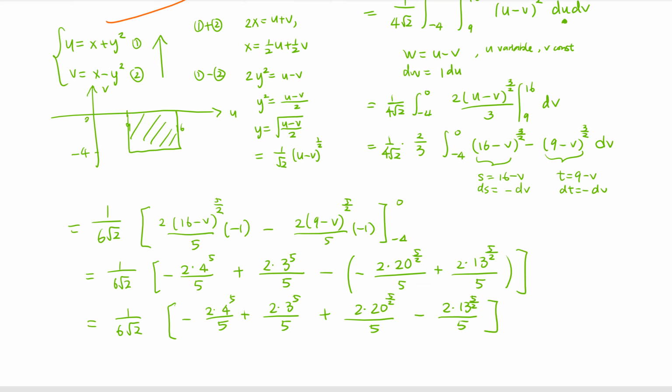So far so good, everybody? Okay, so plug this in your calculator. And what do you get? I get approximately 18.79. So please plug it in your calculator and see whether you have the same answer.